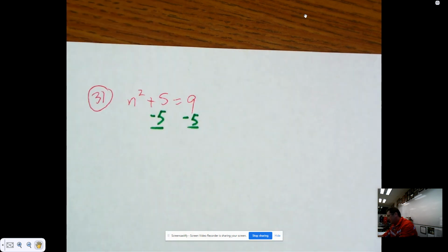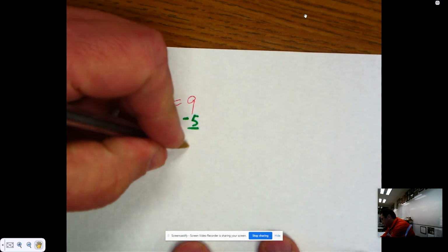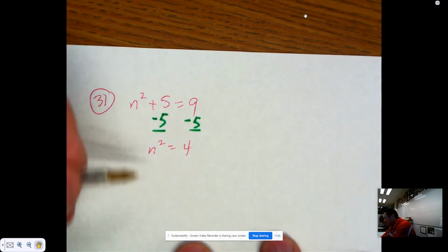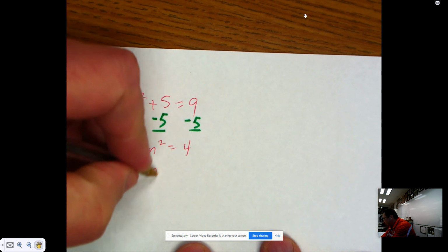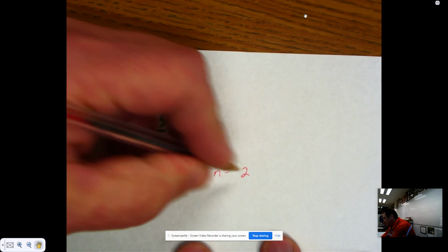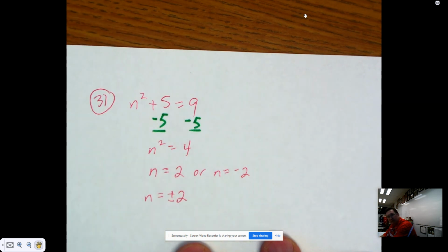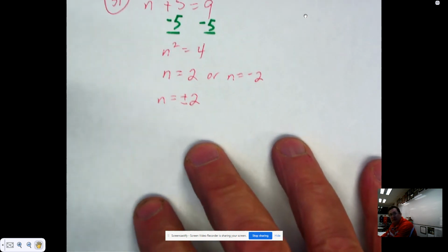That gives us n squared equals 4. Then you might recall that if we have n squared equals 4, then n is either positive 2 or negative 2. The other day we wrote that as n equals plus or minus 2. That works, all right?